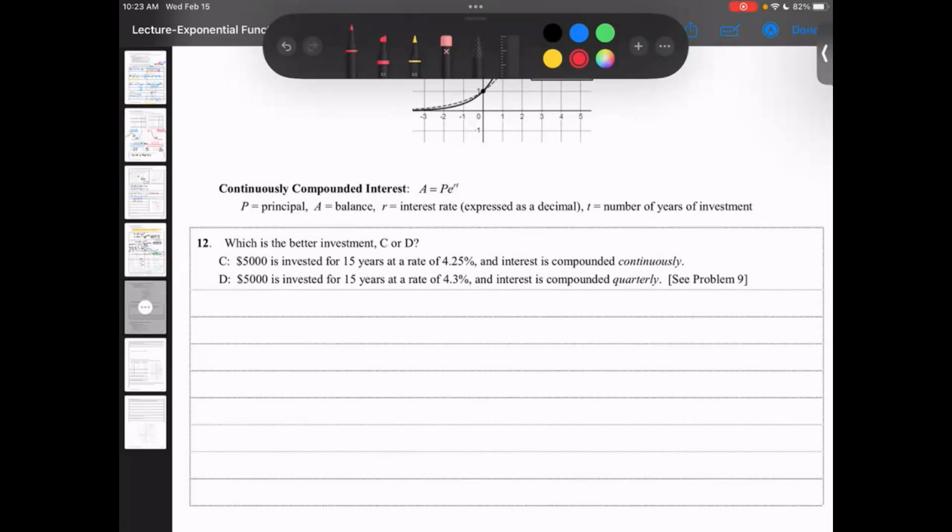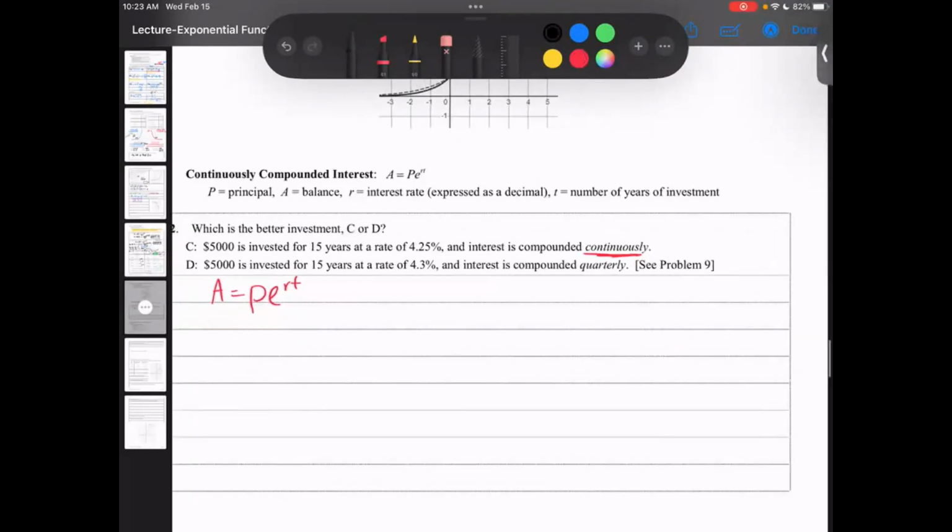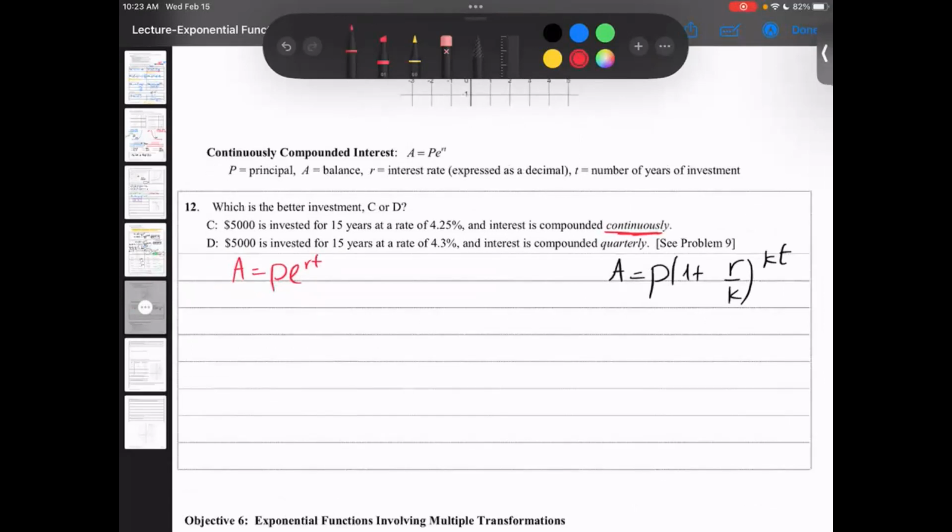So for the first one, I use PERT, right? Because continuously is PERT. And for the second one, I use the long one. All right, let's see which one gives me a better balance. PERT: 5,000. Don't replace E with 2.7, just put E in there. You have E in your calculator. The rate is 0.0425 times T, which is 15 years.